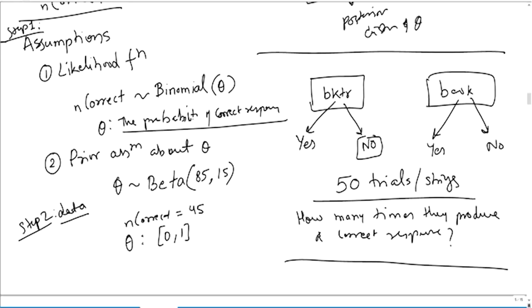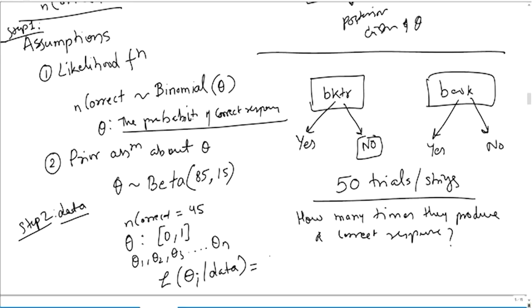Let me call those values theta 1, theta 2, theta 3, up to theta n, but it should be a huge number. Then for each point value of theta, you can calculate the likelihood given the data, which is 45 correct responses, because you just need to plug this into the formula of the binomial distribution, because that's what will give you the likelihood for any particular value of theta.